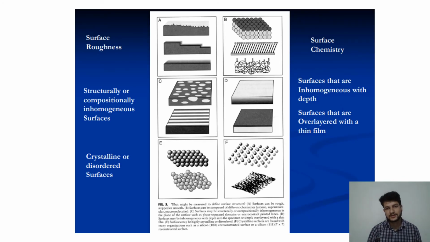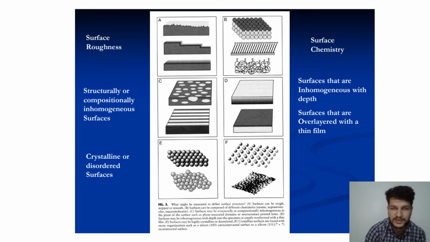Some of these parameters that I have mentioned are also shown in this figure. For example, in figure A, surface roughness is shown, and the surfaces can be rough, or they can be stepped, or they can be smooth.